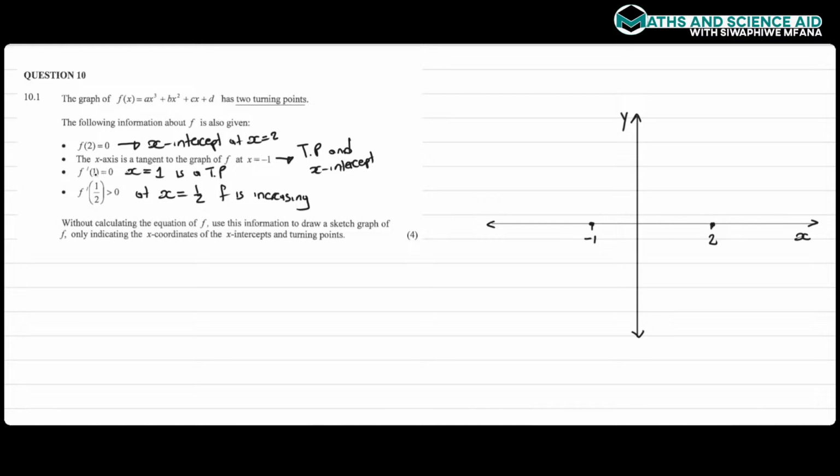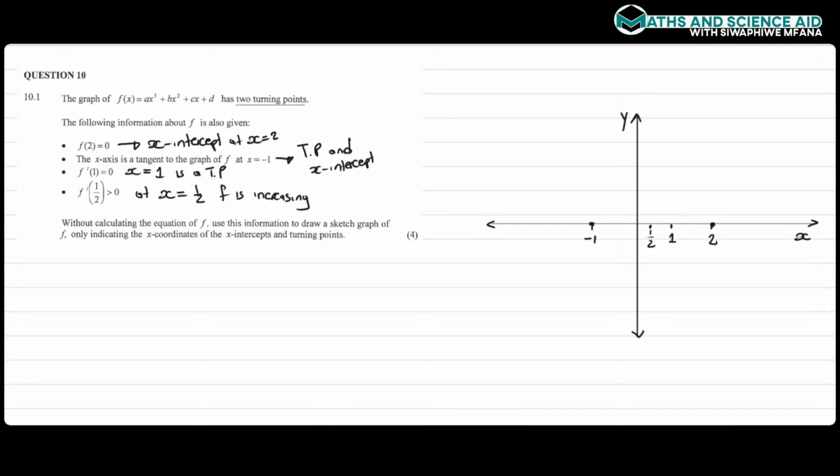Yeah, we've got another turning point at x equals 1. So that would be roughly here. This would be roughly x equals 1. So we've got another turning point here. And now another crucial thing to note is that, so let's say this is our 1 over 2.